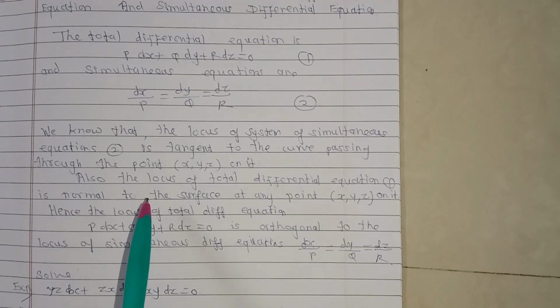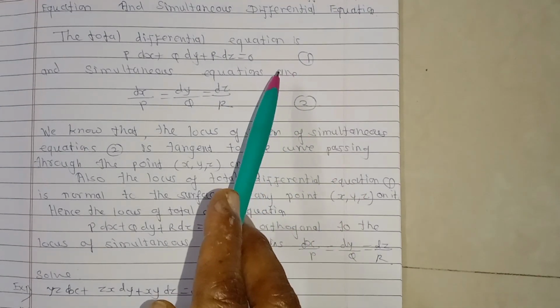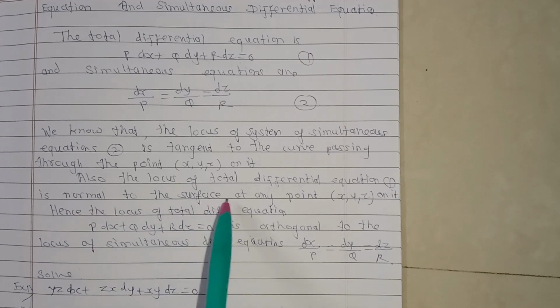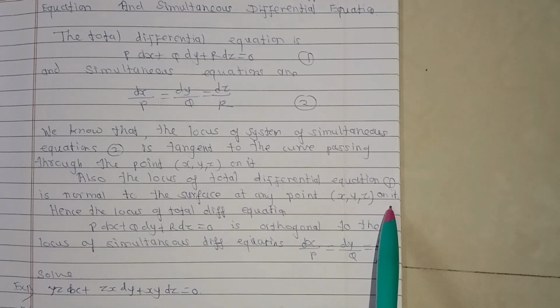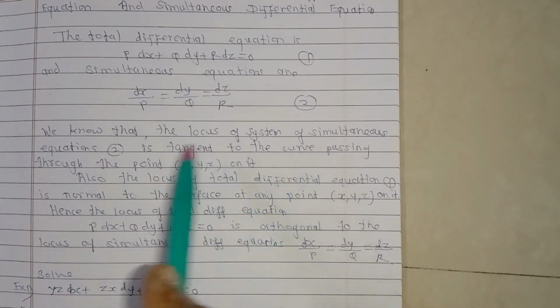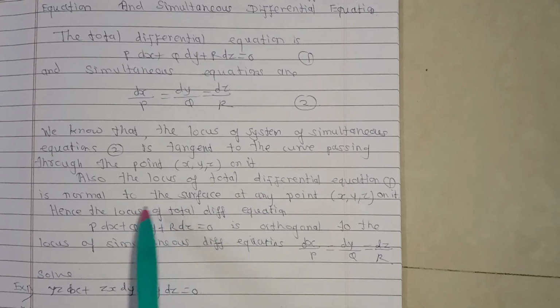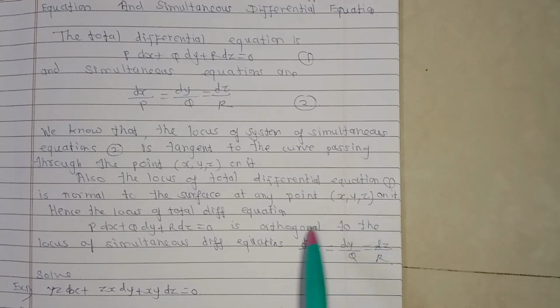Also, the locus of total differential equation 1 is normal to the surface at any point xyz on it. That is, this locus is tangent to the curve and this locus of points is normal to the surface at any point xyz on it.